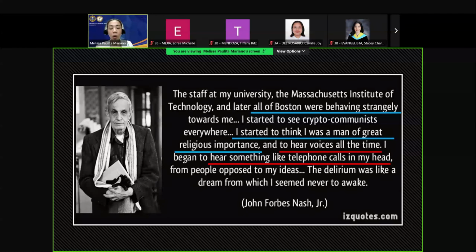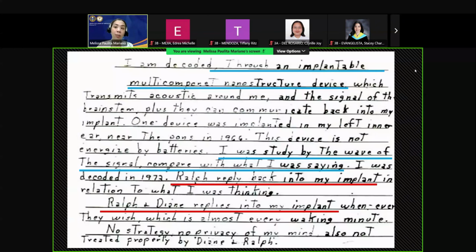When Dr. Nash felt like other people were behaving strangely and they were crypto communists, these can be linked to delusions of persecution, because crypto communists were perceived to be persecutory then. When he starts to think he's a man of great religious importance, this is a grandiose delusion. And hearing voices all the time, even when there are none, that's an example of auditory hallucinations.